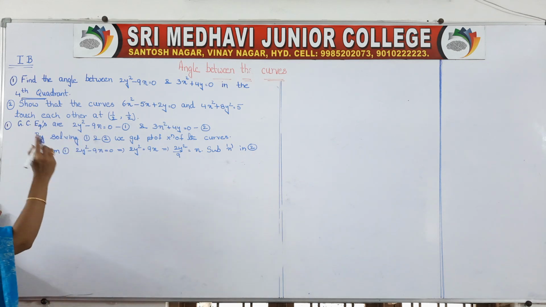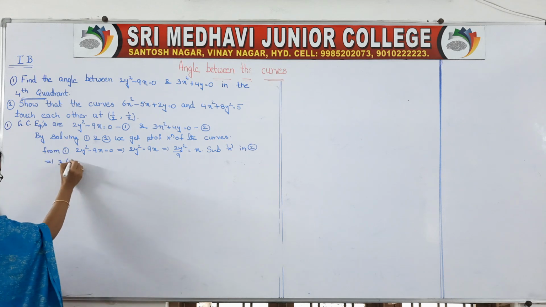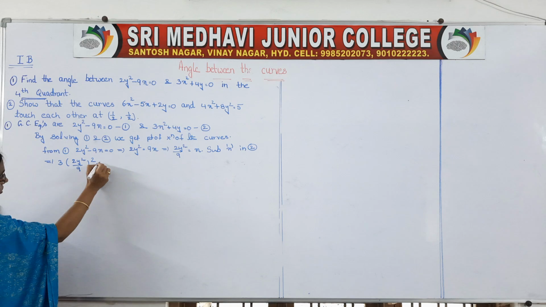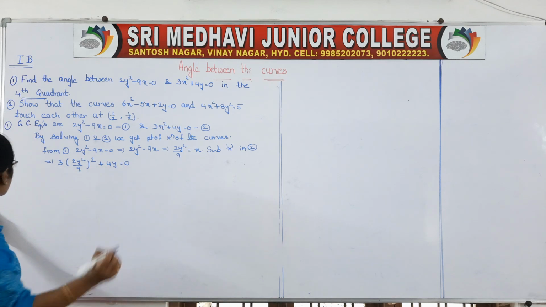Then what happens is 3 into x, which is 2y square by 9, whole square, plus 4y is equal to 0.